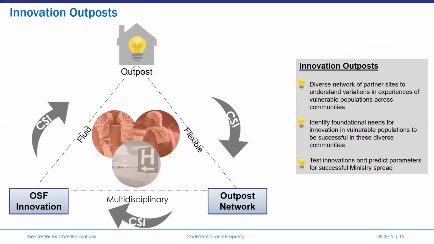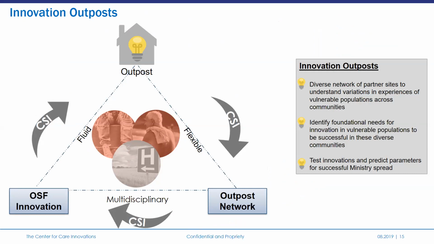So from there, as a CSI program overall, we then needed to narrow down where we were going to do this work. Where would our test beds be? Where could we dig in and understand our communities a little bit more? And with us having 13 different hospitals, we had 13 different decisions to make. So we narrowed down to 3, what we call innovation outposts.